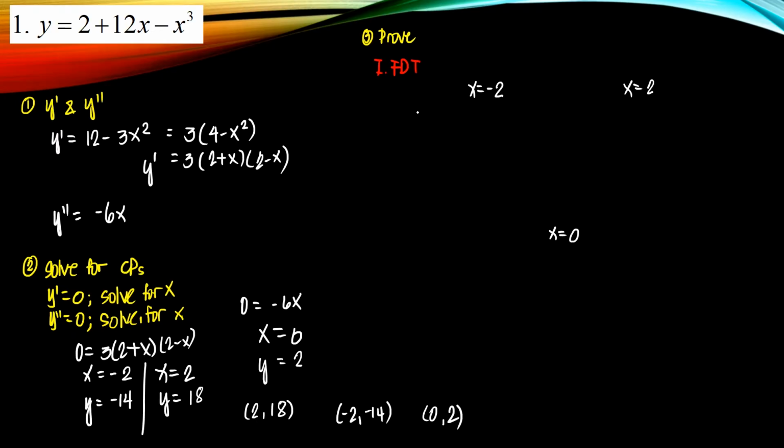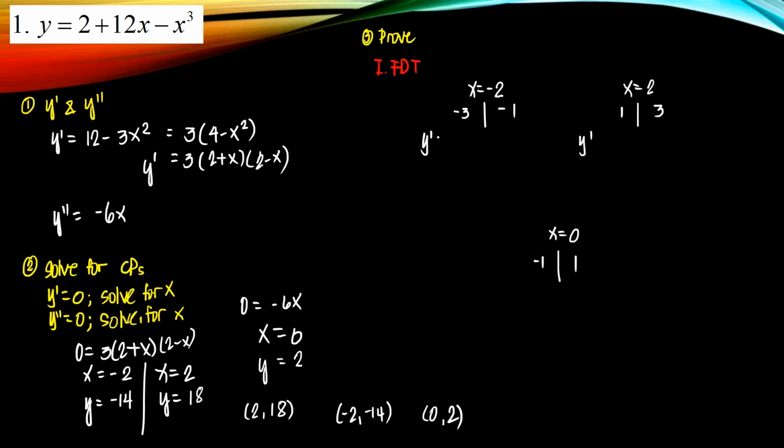In the first derivative test, let's think of numbers to the left and right. Left of negative 2 is negative 3. Right side is negative 1. Left of this is 1 and then 3. Left is negative 1 and positive 1. Okay. So, guys, what is the y prime?